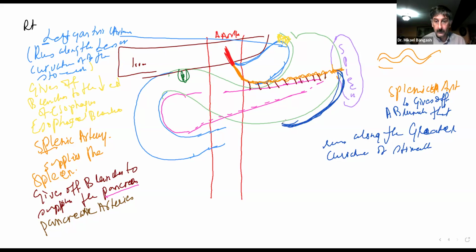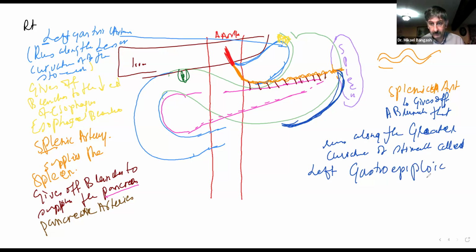This artery is going to be called the left gastroepiploic artery.